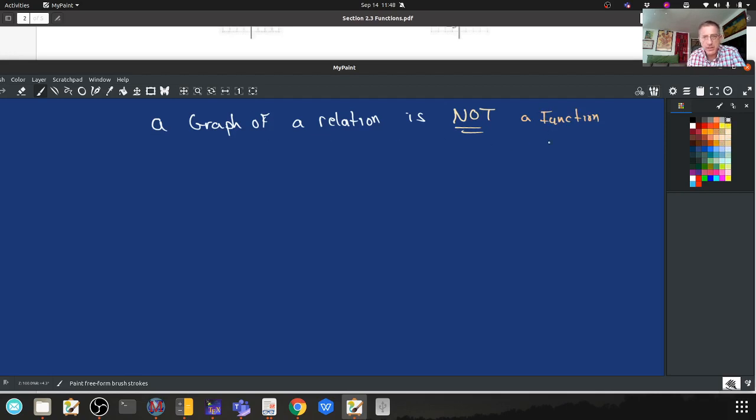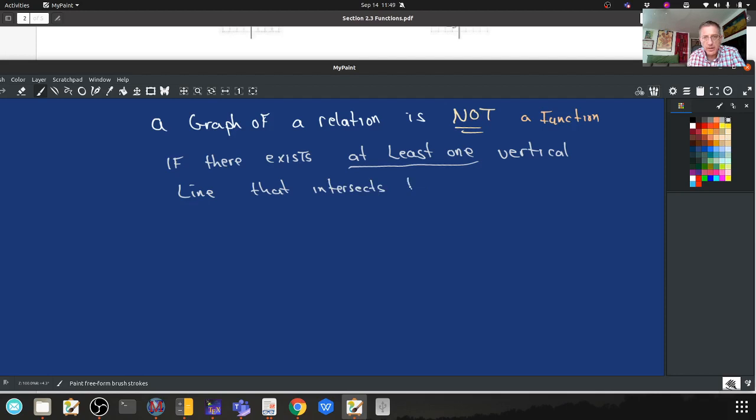A graph of a relation is not a function if there exists at least one vertical line that intersects the graph more than once.